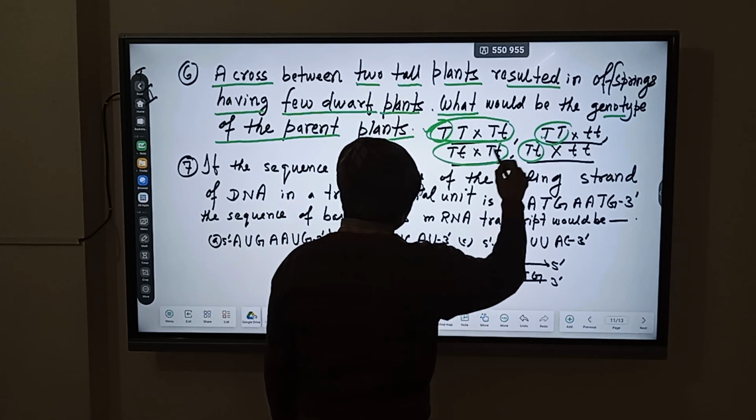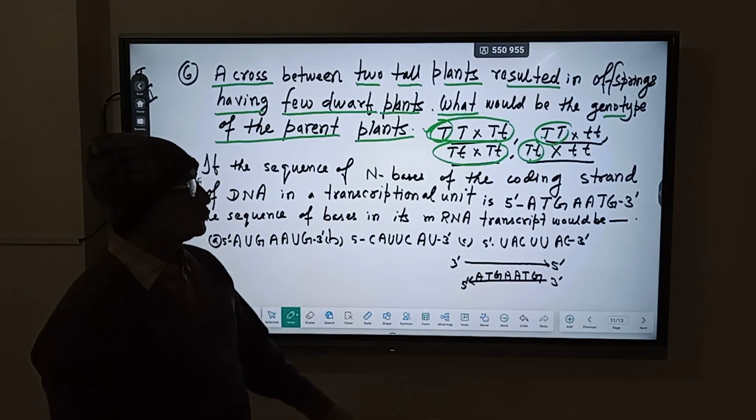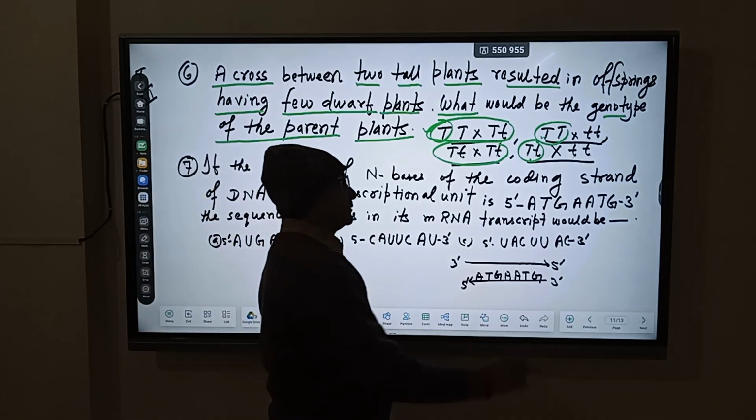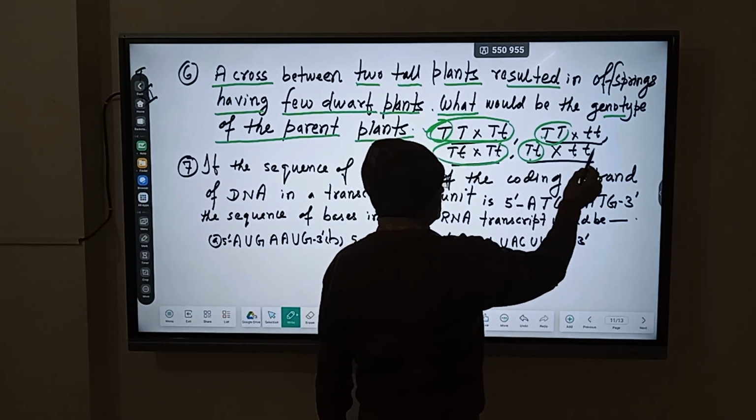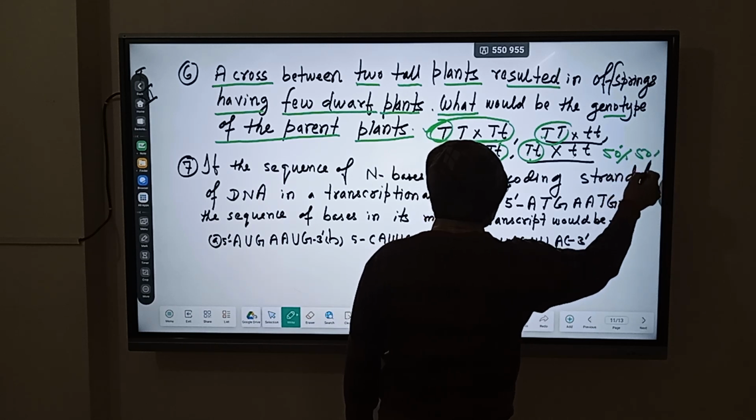In this case, two types of parental characters will also appear, but 50-50%. Here 50% tall, 50% dwarf.